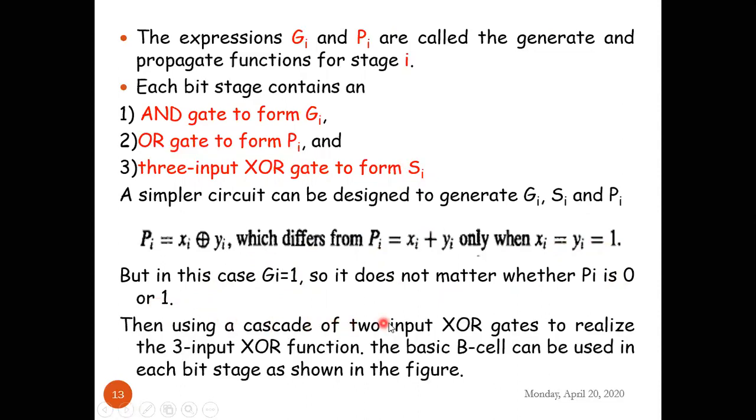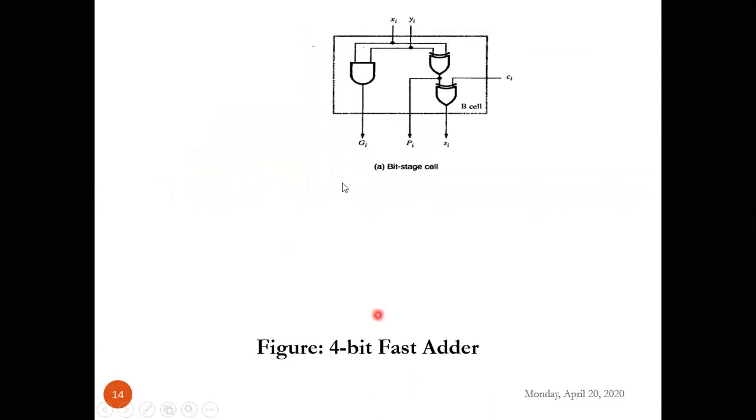Then, using a cascade of 2 input XOR gates to realize the 3 input XOR function, the basic B cell can be used in each bit stage cell as shown in the figure. Now you can see this figure here. To form Gi, I require one AND gate. No changes in this. Xi into Yi will form Gi.